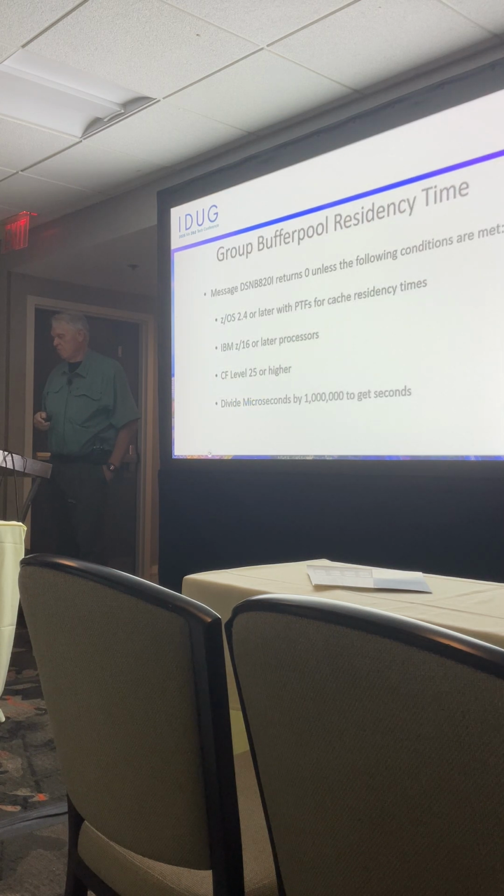Okay, group buffer pool residency time. How many people are in 13? Enough, yeah. So if you have the right configuration, z/OS 2.4 or better, a z16 or better, and level 25 in the coupling facility, and divide the data by 1 million, so you could see it in seconds, so it makes more sense.